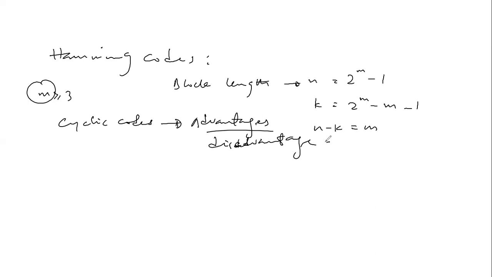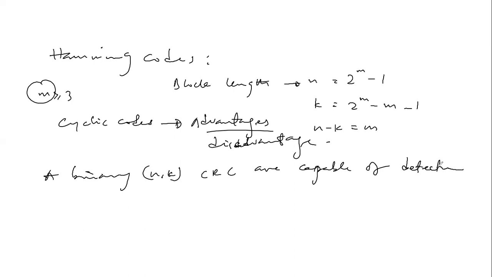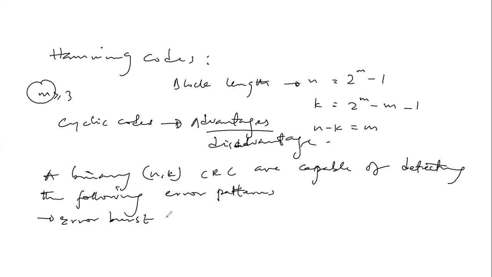Okay. And we now see that a binary (n, k) cyclic redundancy check code is capable of detecting the following error patterns. Number one, error bursts of length n minus k or less.